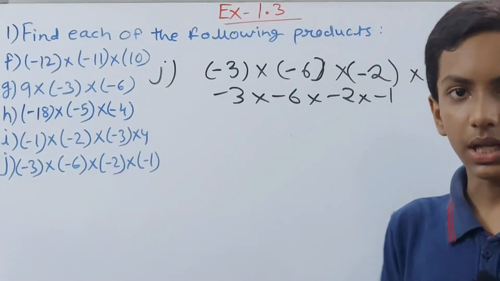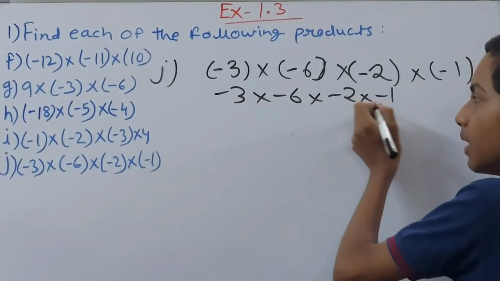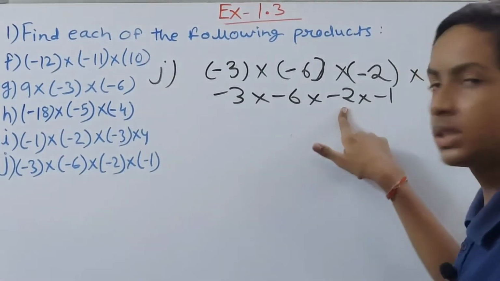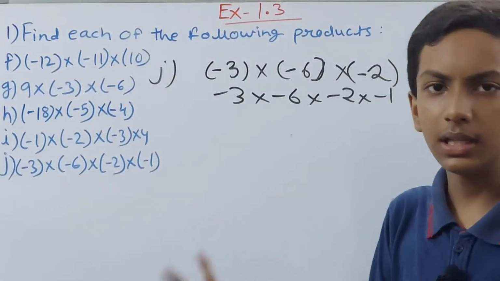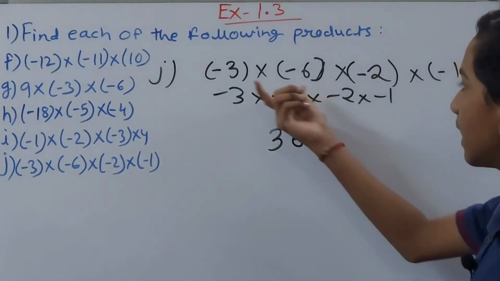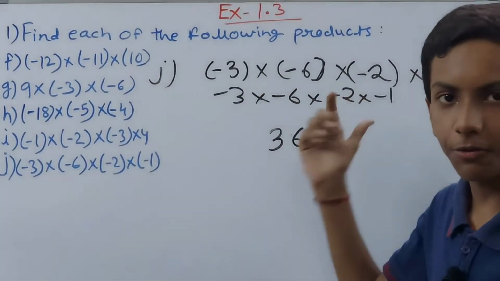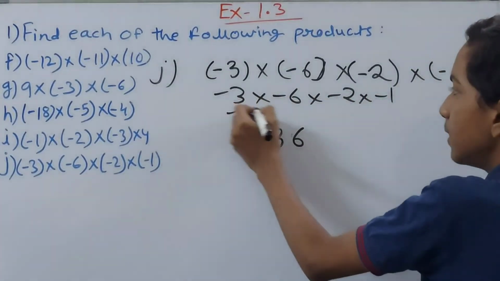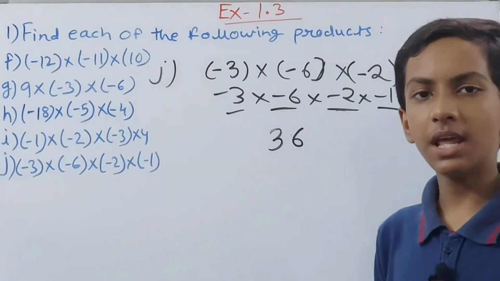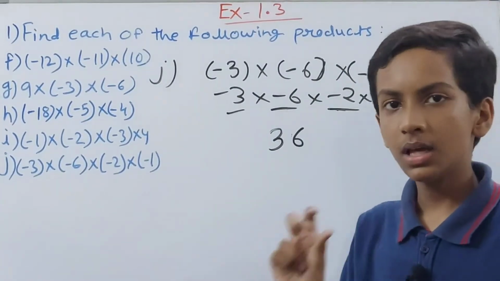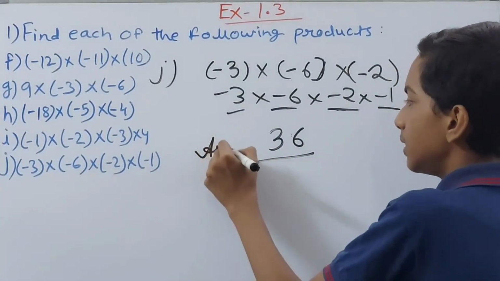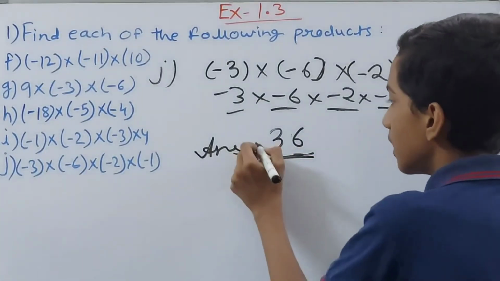It is a plus sign. So first of all we multiply the numbers. 3 into 6 is 18, 18 into 2 is 36, 36 into 1 is 36 simply. So write it here. And since our numbers are being multiplied an even number of times, that is 4 times, plus sign has to be put here. So simply you can write the answer as 36. Alright, this becomes our answer.